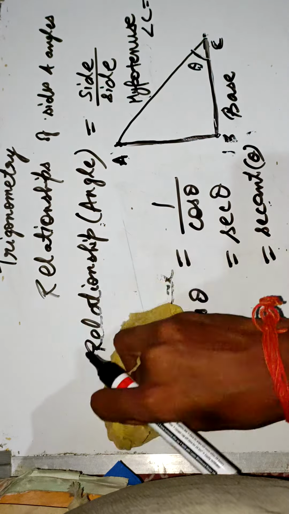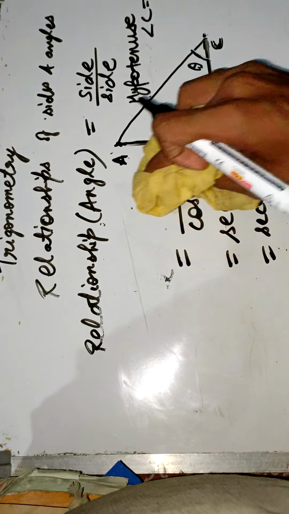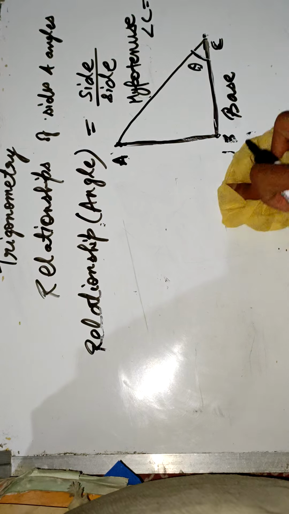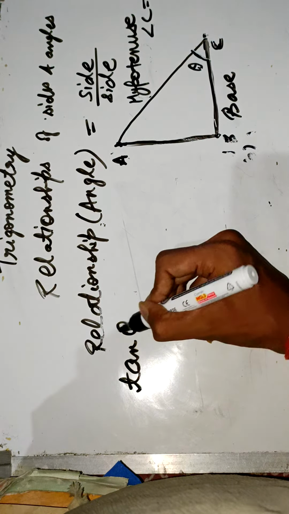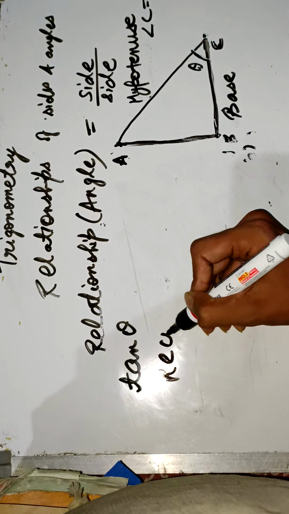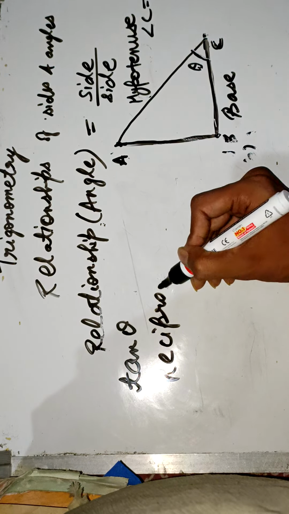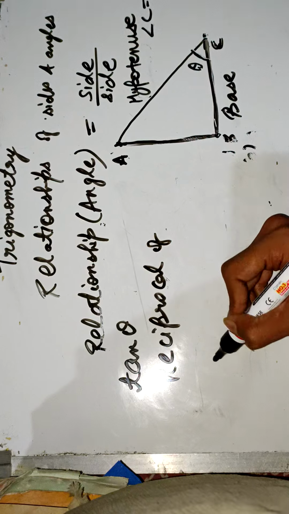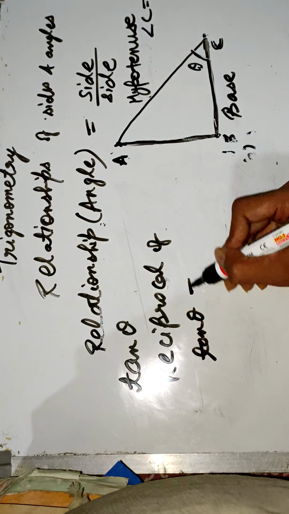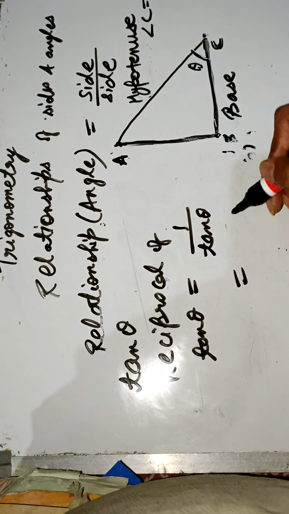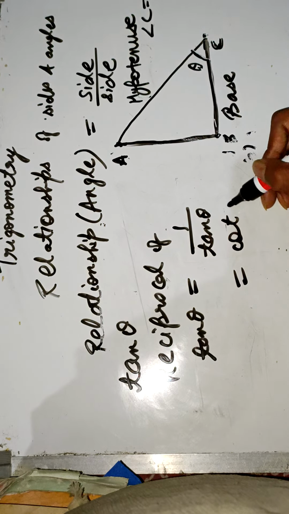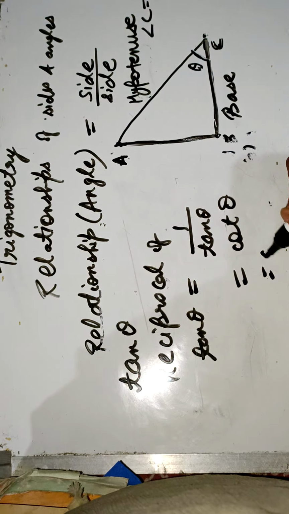Now, as we have discussed tan theta also, we have to see about tan theta. When you're talking about the reciprocal of tan theta, it becomes 1 upon tan theta, that is equal to cot theta, also called cotangent theta.